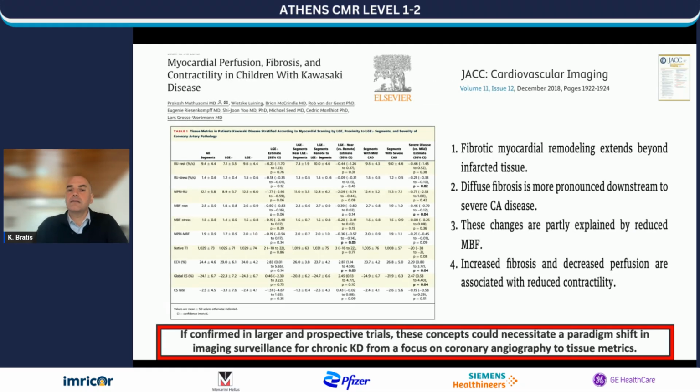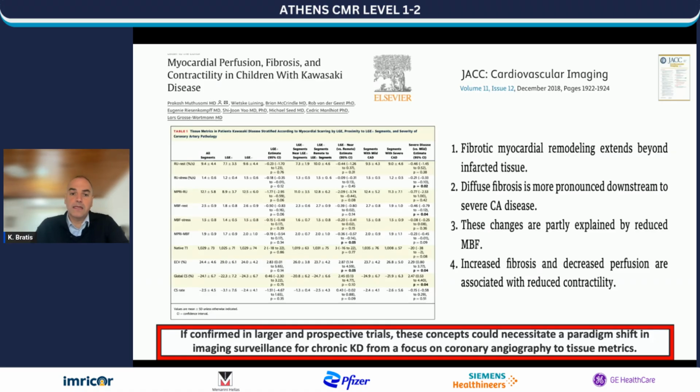There were some interesting results. Fibrotic myocardial remodeling existed and extended beyond any infarcted tissue, and beyond any residual significant coronary artery disease. These changes were only partly explained by reduced microvascular perfusion, so by microvascular dysfunction, which was however confirmed.